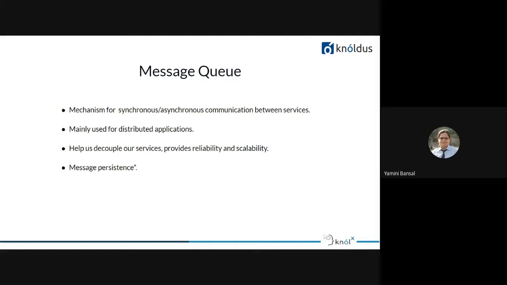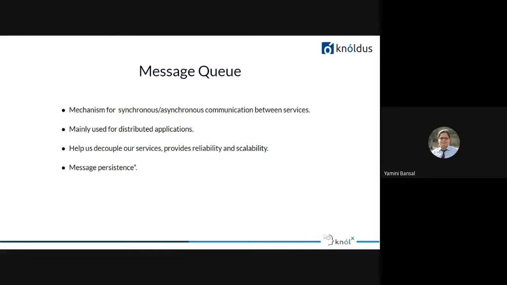With asynchronous, I mean that when the producer component does not block its resources for the response of the message, or it just carries on with other tasks and does not wait for the response, that is the asynchronous message queue. And the synchronous message queue is when the producer or the sender component waits until its message is processed by the consumer or the recipient component.